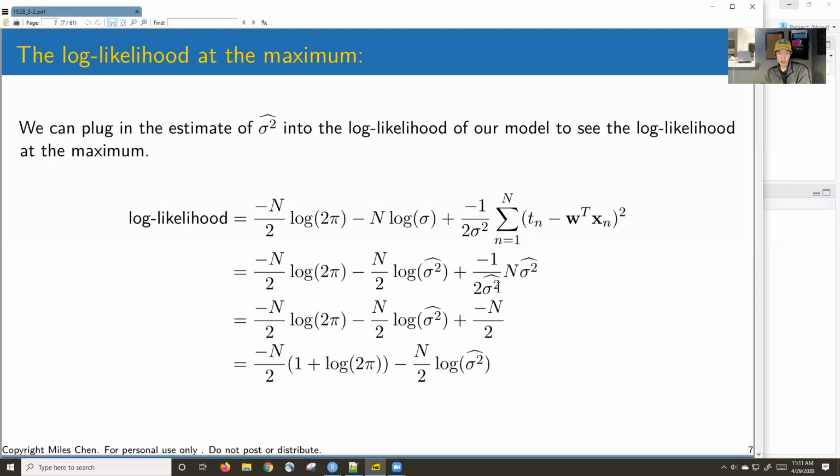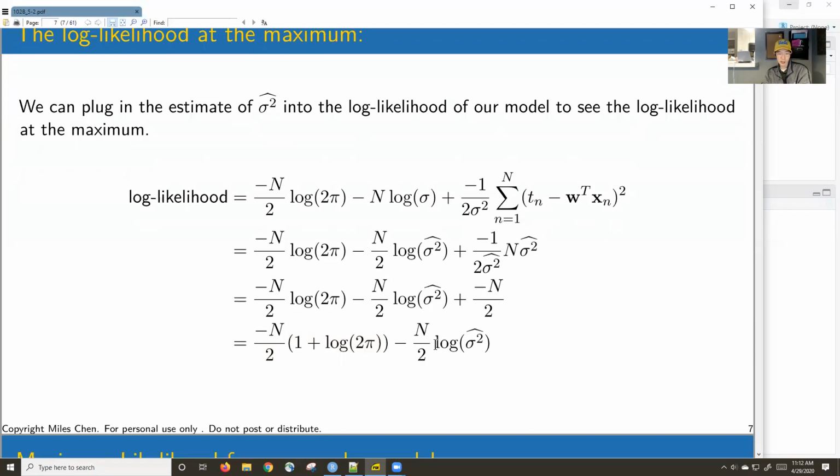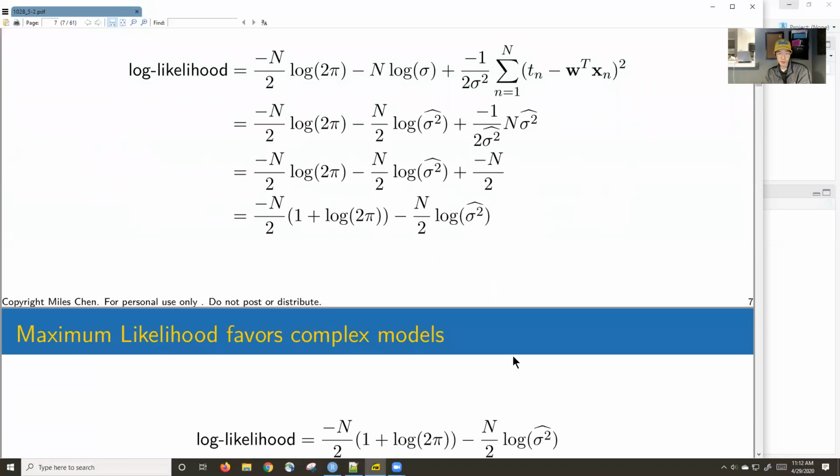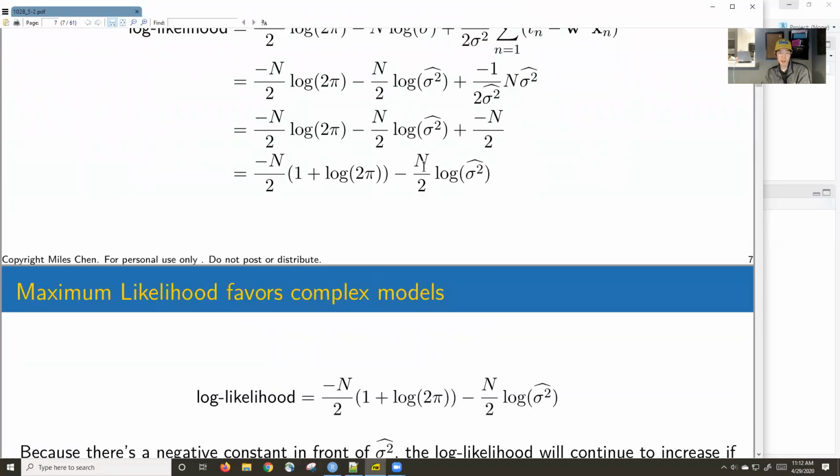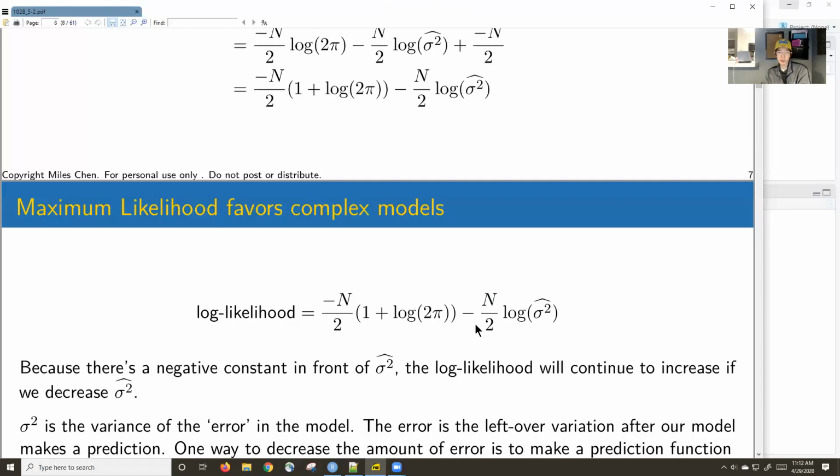And right here, this sigma squared hat cancels out with this sigma squared hat, and so I get -n/2 log 2 pi, -n/2 log sigma squared hat, minus n/2. I can factor out the n/2, and here I've got basically a constant, and here I've got -n/2 log sigma squared hat. I could factor out the n/2 even further, but I'm just going to leave this here.